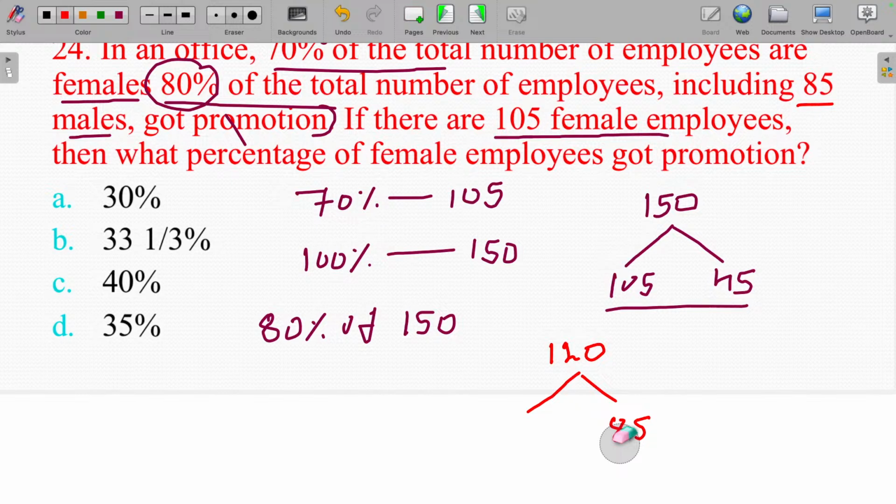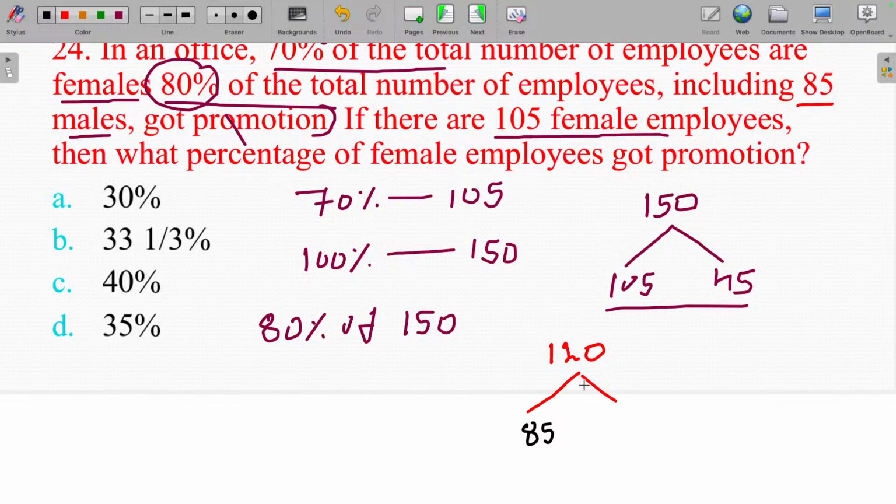If total employees including 85 males got promotion, total 85 males got promotion. Just you solve it. 85 males. Then tell me how many females here. That is 35 out of 120. Yes or no?